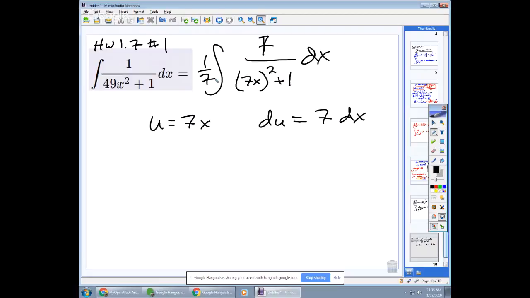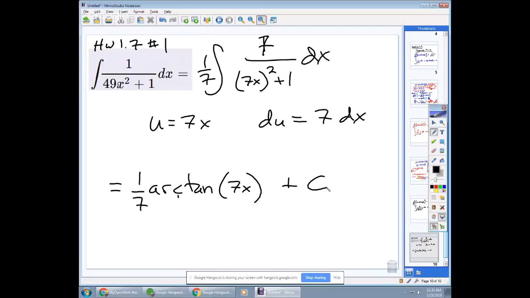So now I have the u and the du, so my belief is that the answer here is 1/7 times, oops, not the tangent, but the arctangent of 7x, because that's my u, and then plus c. How can I test that to see if it's right? Take the derivative. Take its derivative, yeah.